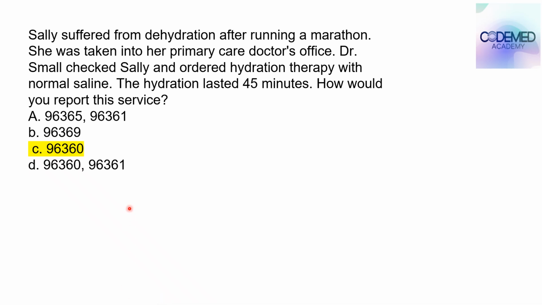And yes, C is the correct answer because it is 45 minutes, and for 96360 we count 31 minutes to 1 hour. So 45 minutes we will give with the code 96360.